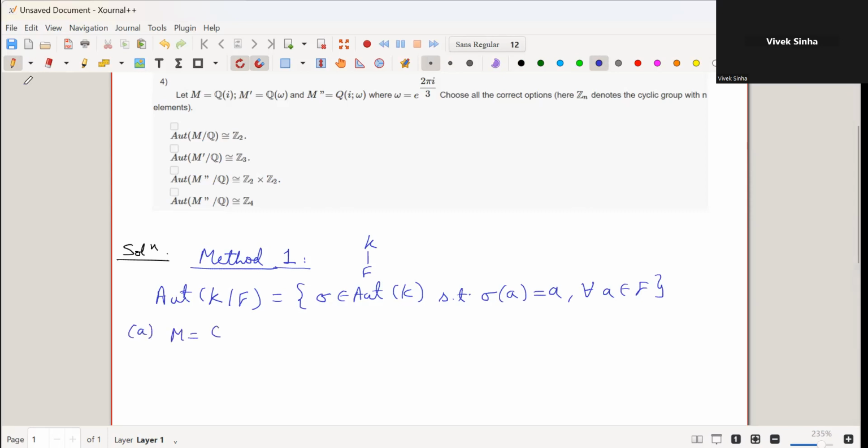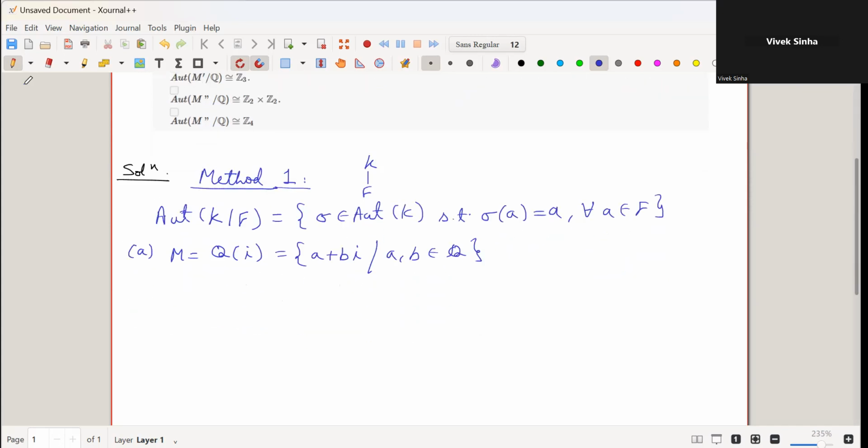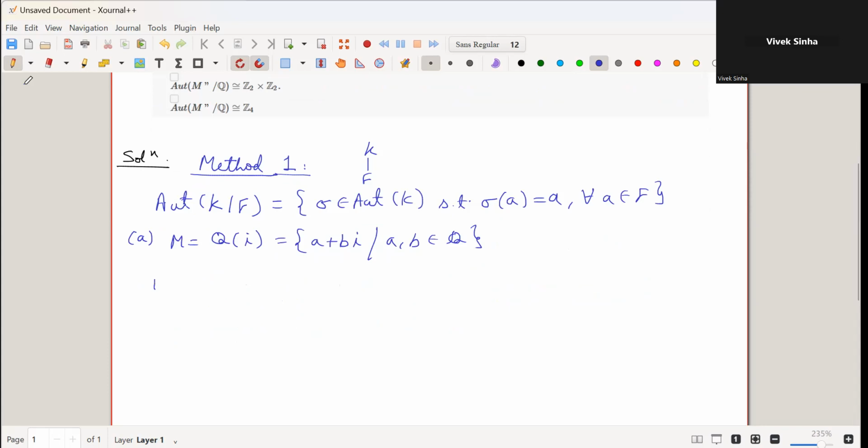So now for the first part, M is Q adjoined with iota, right? And this is nothing but the set a plus b iota such that a and b belong to Q. Now, if some automorphism say f belongs to Aut M over Q, then what it will do?